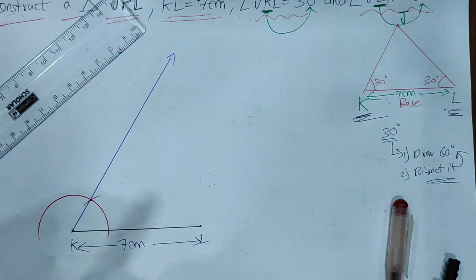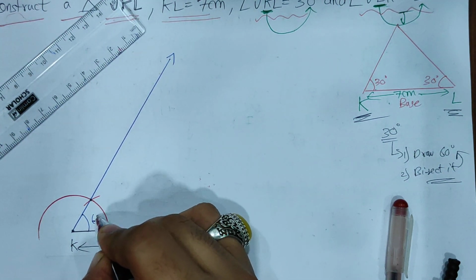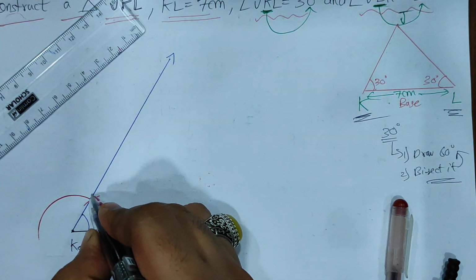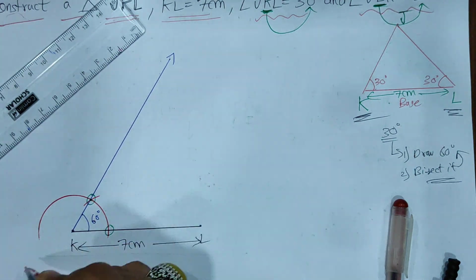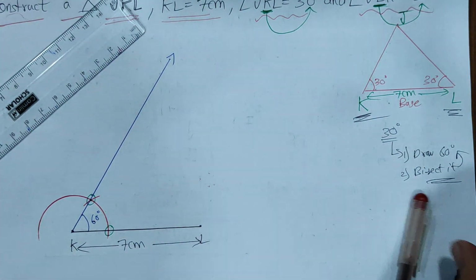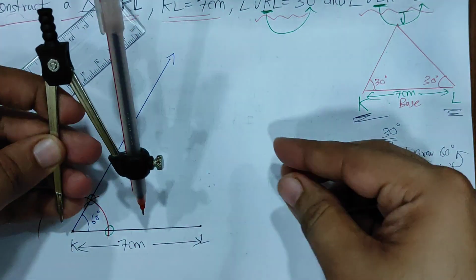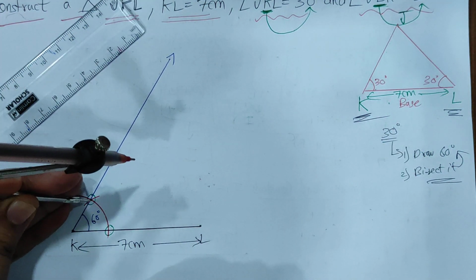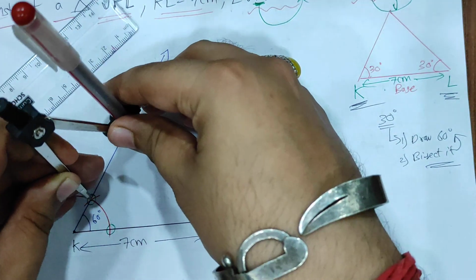This is how much? On the spot write it. This is 60 degree. This is 60 degree, please. Now I have to draw what? I have to draw 30 degree. So see these 2 points I'm highlighting. I'll bisect this. Pay attention. So how to bisect it? Take more than half of this base. Okay, keeping at this point, an arc over here.